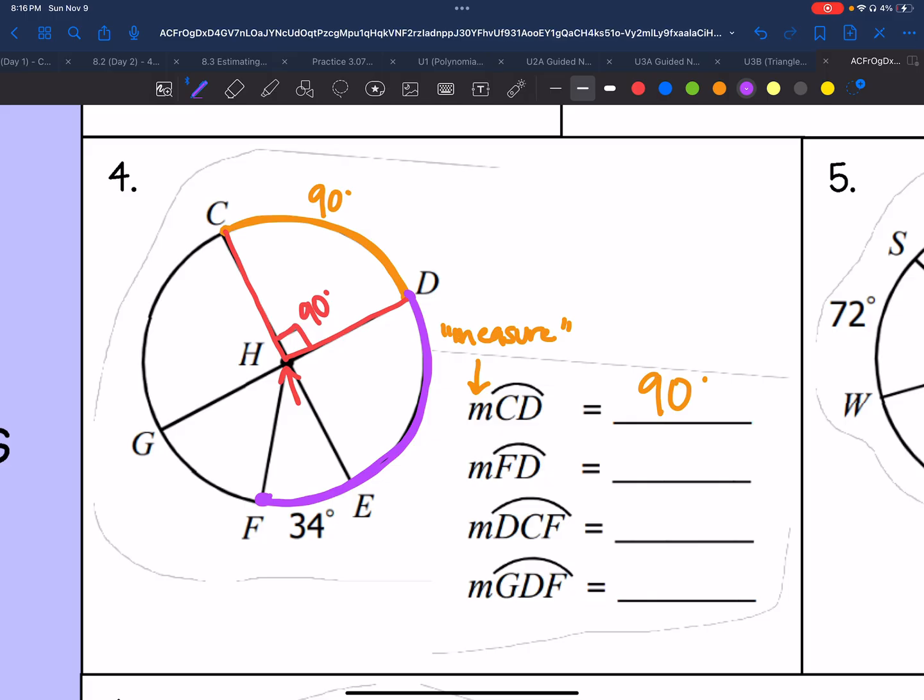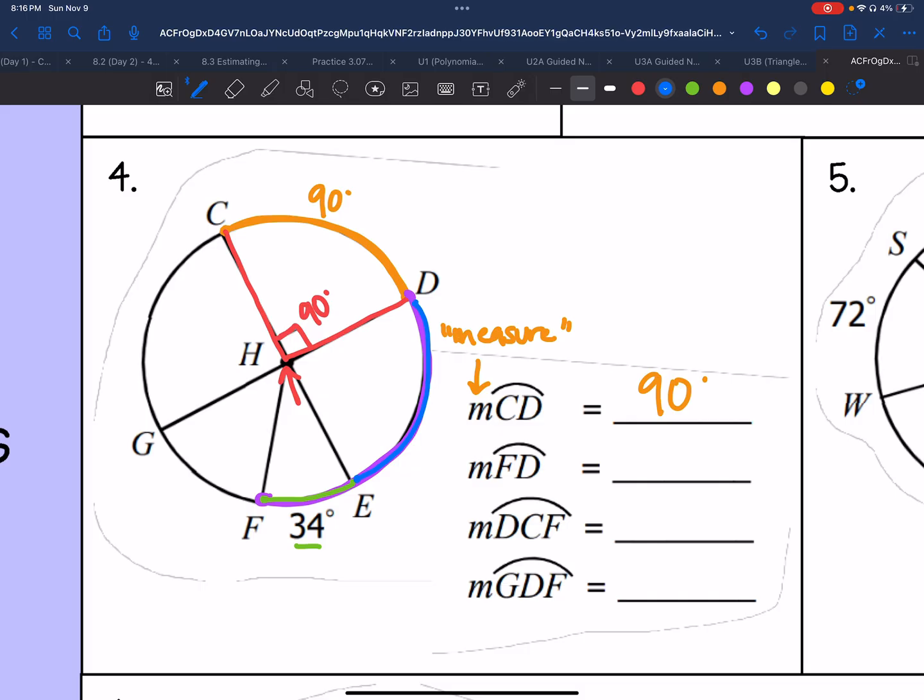So we want this whole purple arc right here. All right. Well, I know that from here to here, F to E is 34 degrees. So I really just need the measure from E to D. So if I can find the measure from E to D, then I can add that to the 34 degrees.